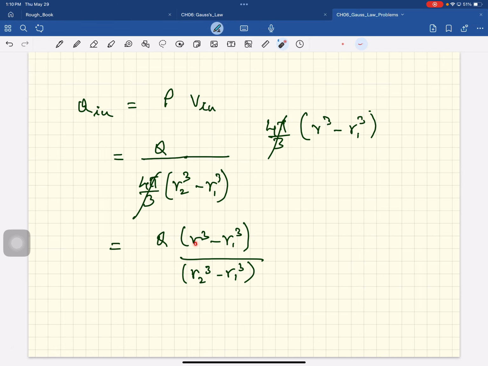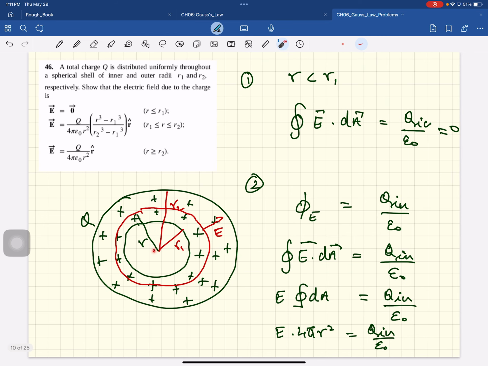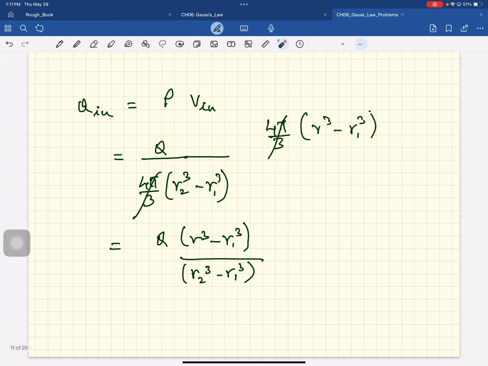If R were to become R1, the charge would be 0. What if R were to become R2? What would the charge be? Q. If R were to become R2, the charge inside will become Q. So it's got the right form, okay?